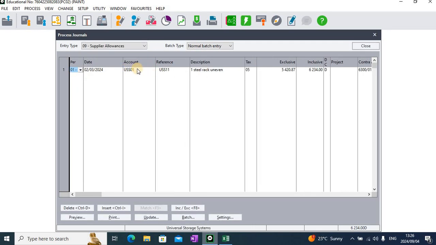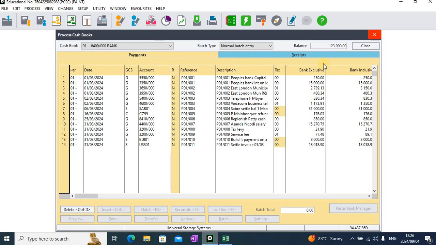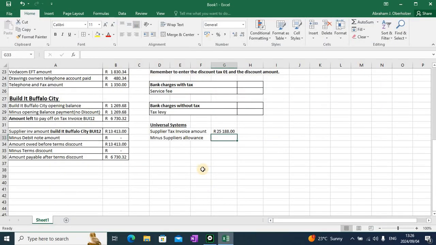You can see this one is for Universal Storage Systems, and the inclusive amount was 6,234. So the amount outstanding is that one minus that one, 18,954.